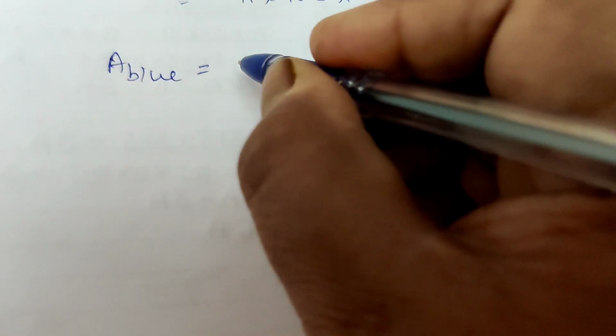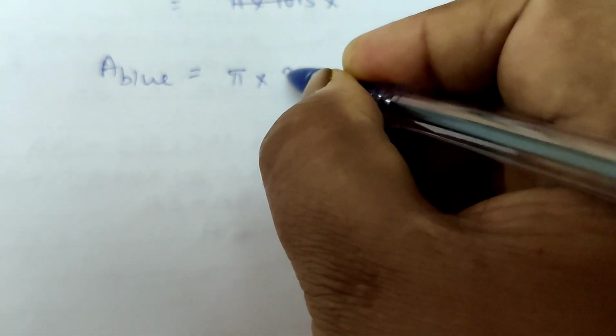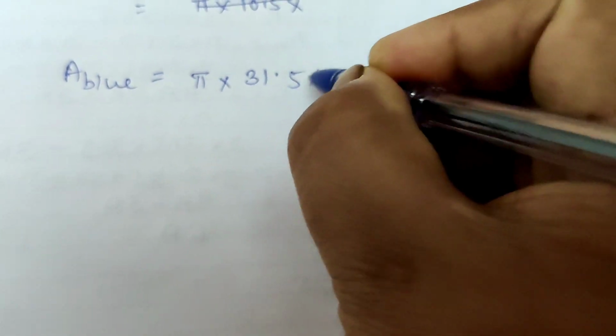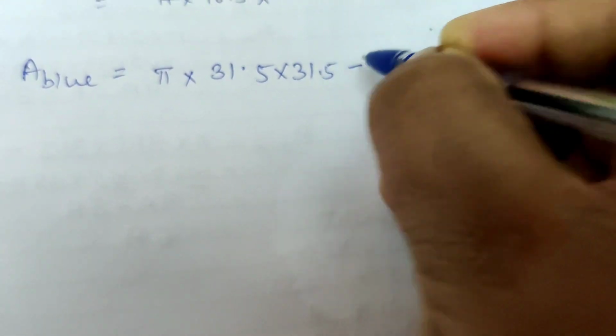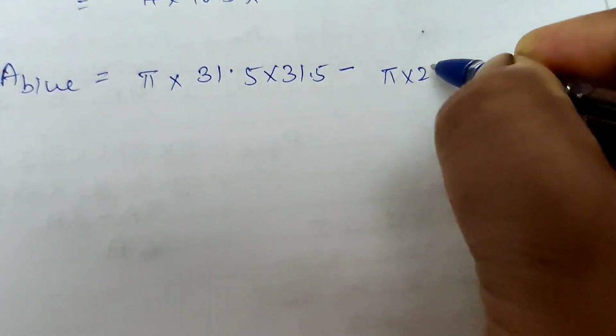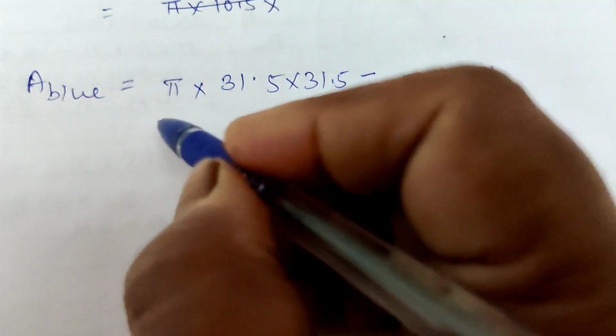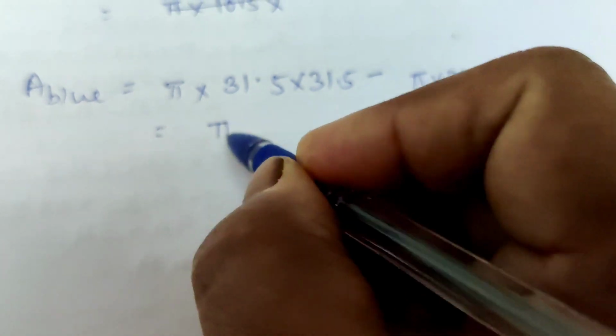Area of blue region is pi r square, 31.5 radius for 31.5 minus area of red region 21 into 21. Now calculate in terms of 10.5 and 10.5.